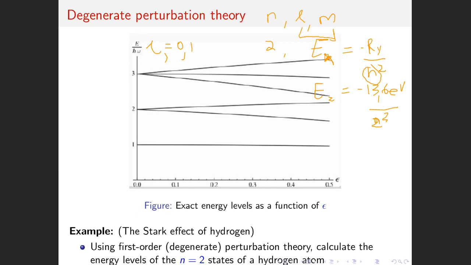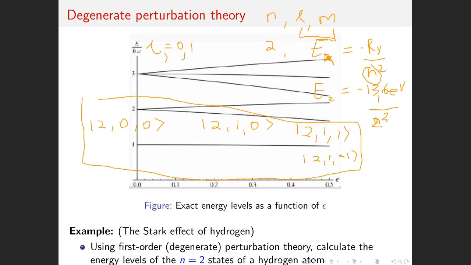So this will mean that the state that has 2, 0, 0, the state that has 2, 1, 0, 2, 1, 1, and 2, 1, minus 1, all these four states will have the same energy. So there is a degeneracy. So if you put this in an electric field, it might happen that this degeneracy will get removed or lifted.